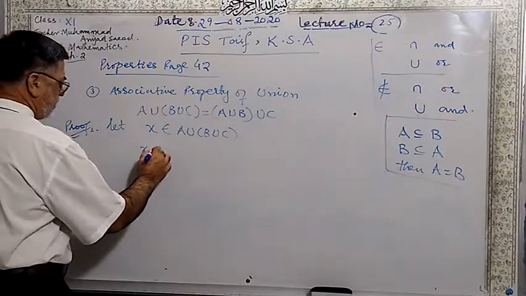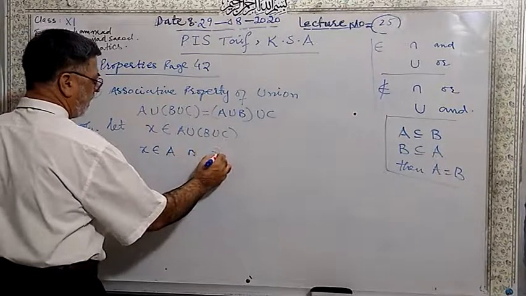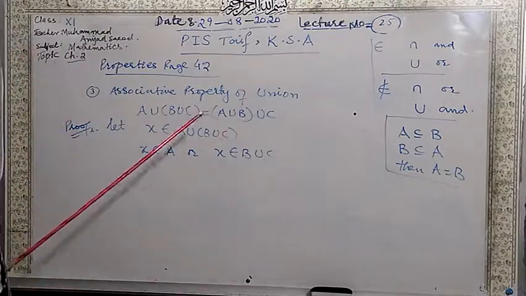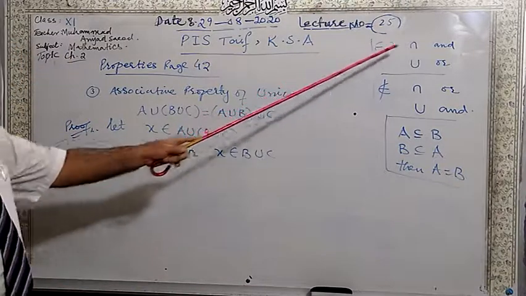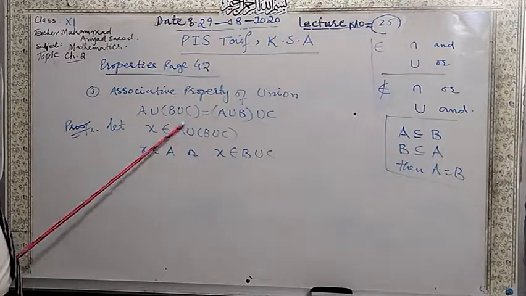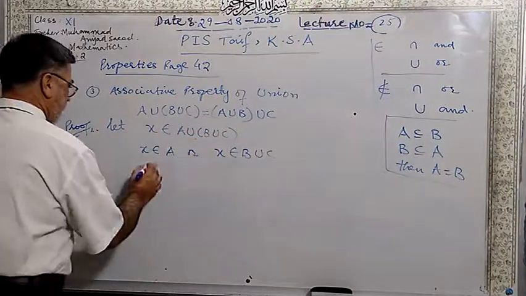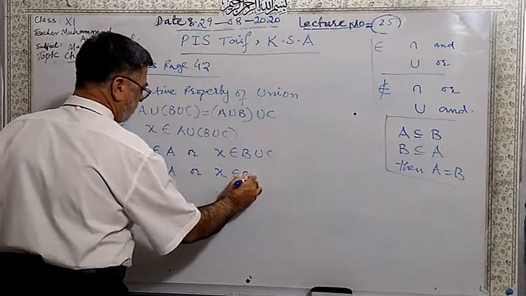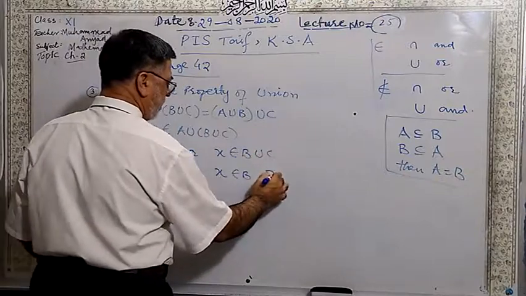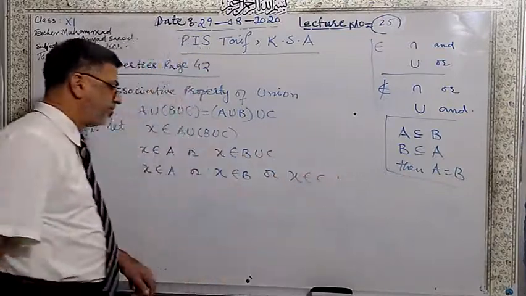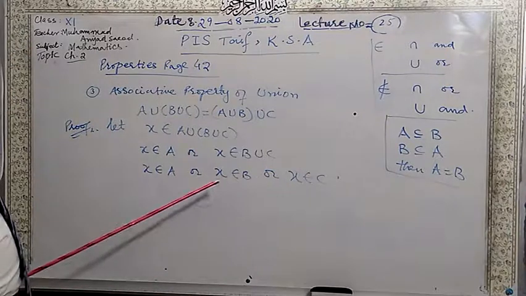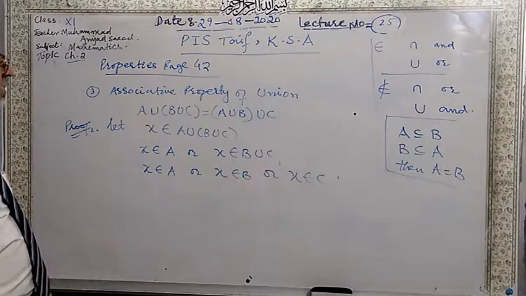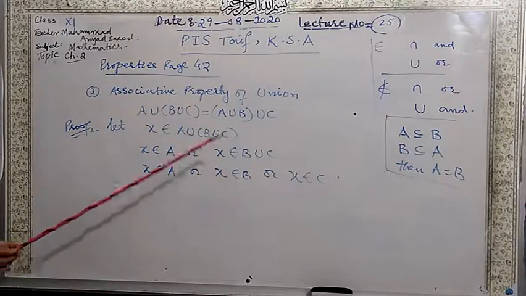Here is X belongs to A union B or X belongs to C. Then X belongs to A or X belongs to B, or X belongs to C. You can check, you have split it all up.